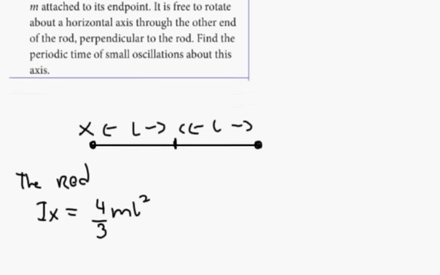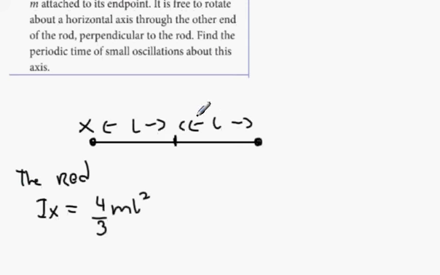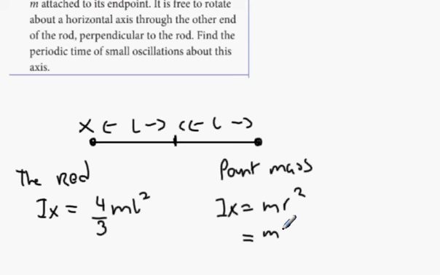No adjustments needed because it's mass m and length 2L. Next thing is we have to talk about the point mass. Does anybody remember the formula for a point mass? It's m times its distance away from the axis, so it's mr squared, or in this case m times 2L squared, which is 4ml squared.